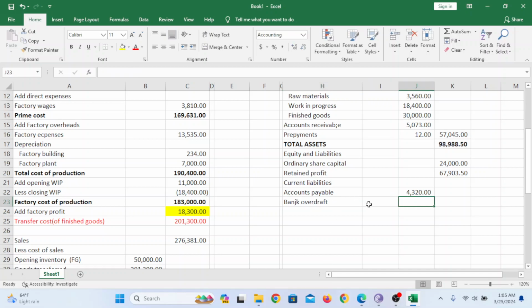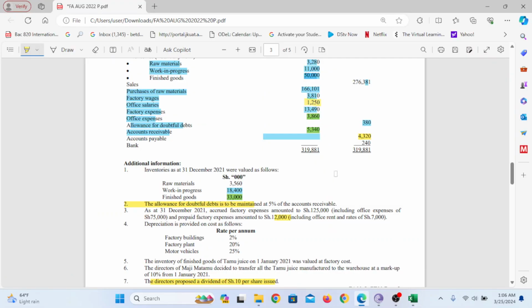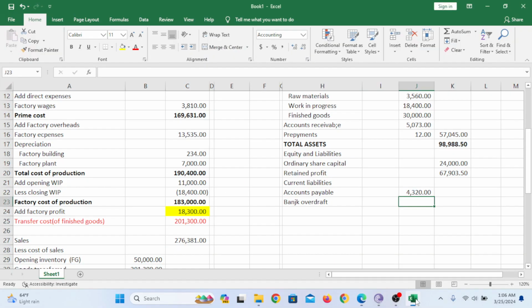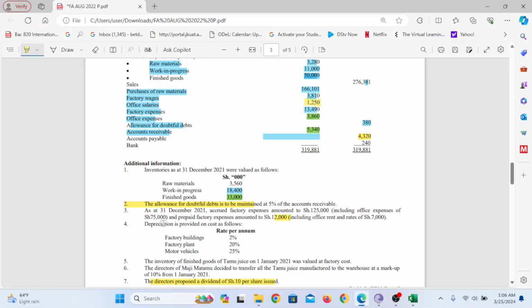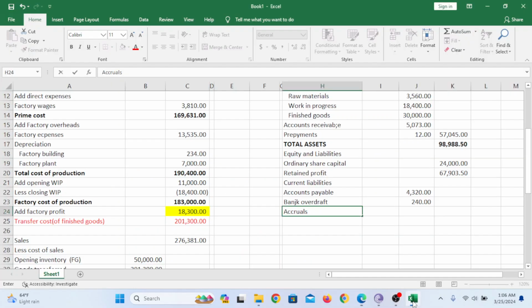The bank overdraft was given directly, was the last item in the trial balance, that is 240. And then we have accruals. I think it was in note number 3. So accruals, this is 125. So bring 125 here.